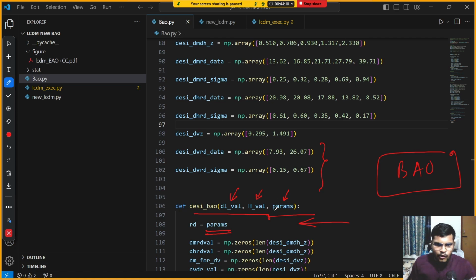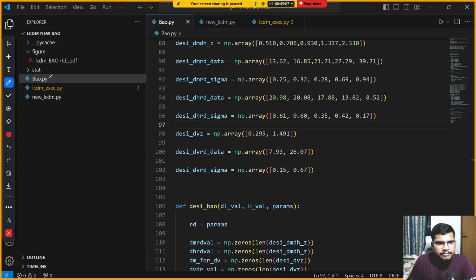Understand it. When I incorporate this file, I will make my parameters in such a way that it will only import the value where rd will be defined. All right. So you don't have to worry about anything. You have to understand where the position of rd will be. I will come to this point later on.